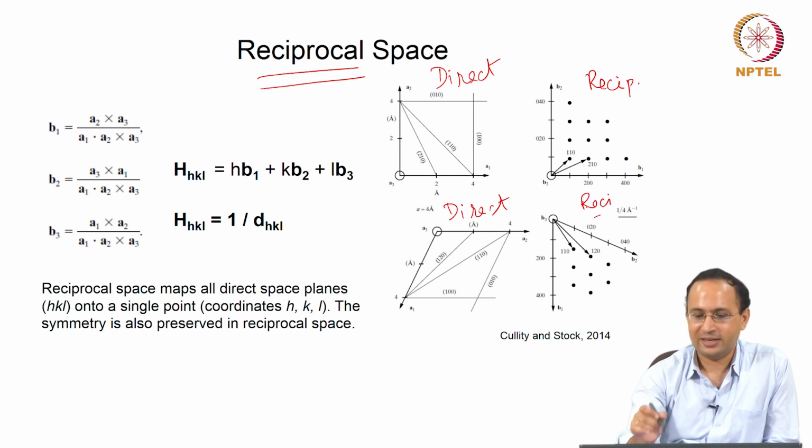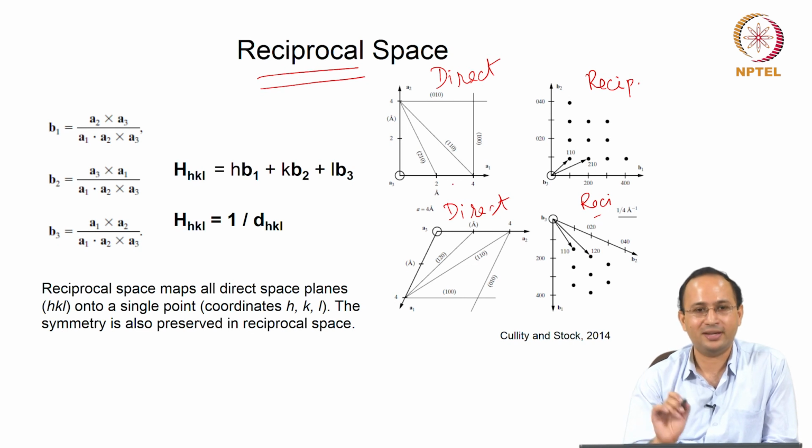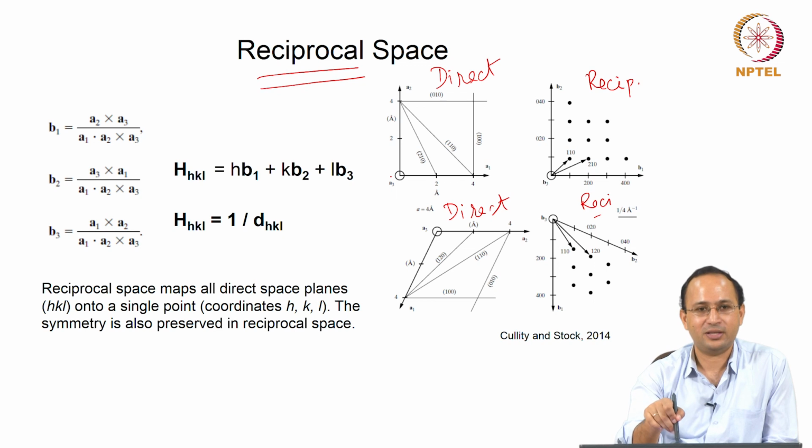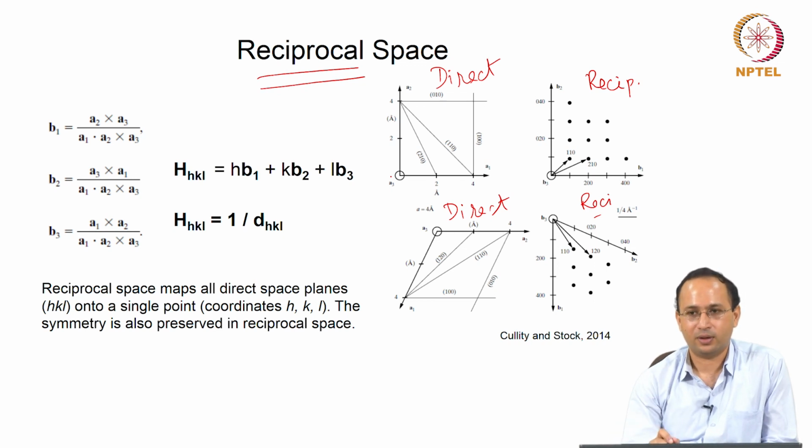In direct space we have A1, A2, A3, the three crystallographic axes. We are not plotting A3; assume A3 comes out of the screen. So you have A1, A2 and these are the planes.